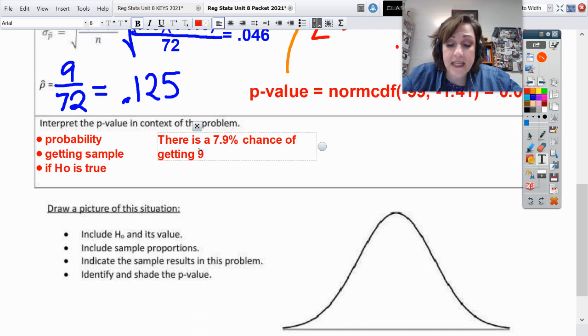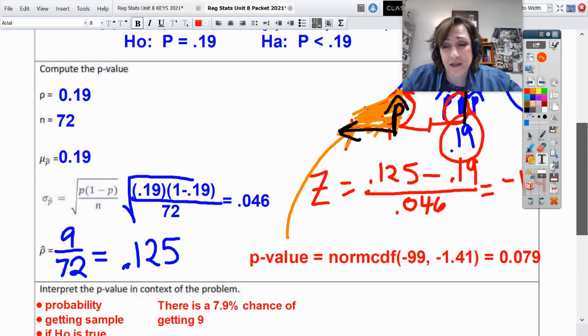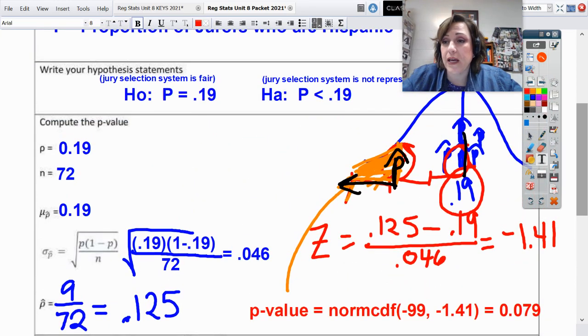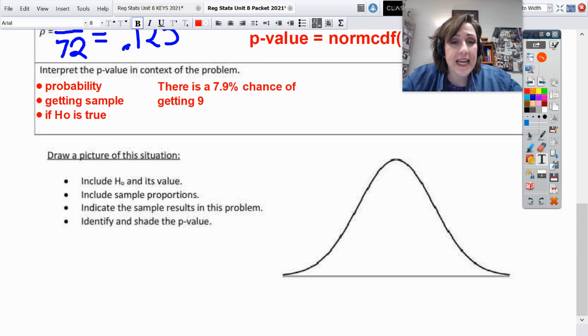We got 9. What's more extreme? Which way is more extreme? Okay, was less. Okay, so of getting 9, let's just do equal to right now at this point.